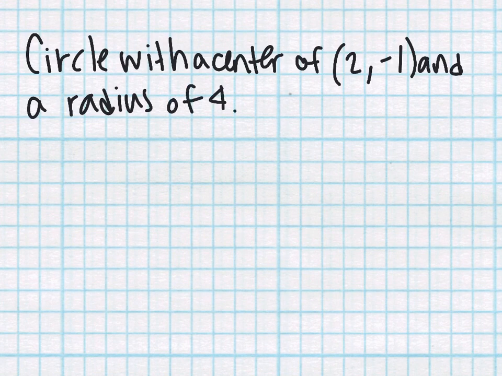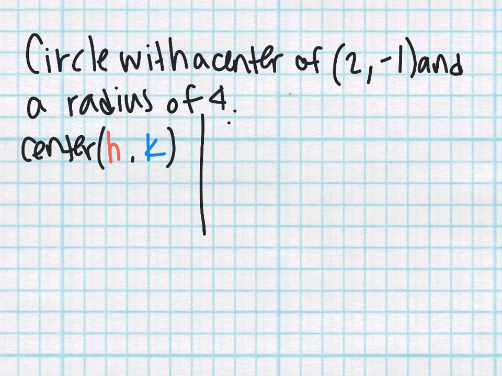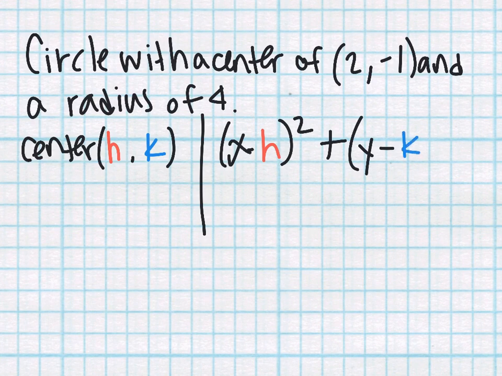So again, my center is (h, k), and my formula is (x - h) squared plus (y - k) squared equals r squared.